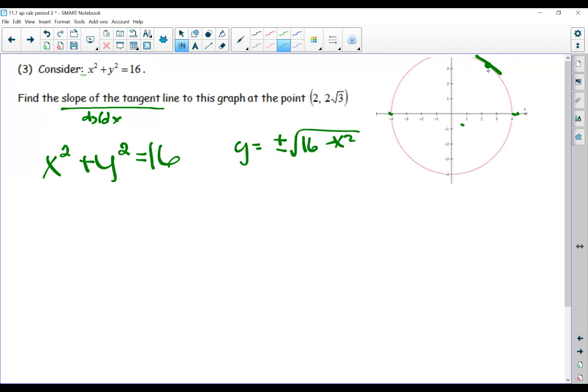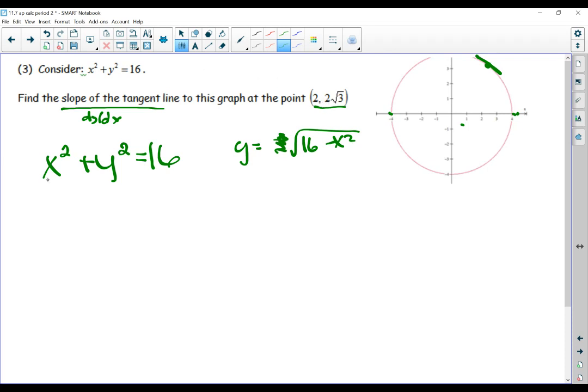A positive square root, which would be the top half of the circle, and a negative square root, which would be the bottom half. Since we're on the top half, we would use the positive square root, and you could take the derivative of this using chain rule, and then plug in your point. That would work. That's 100% a valid approach. It's just not the most efficient way.